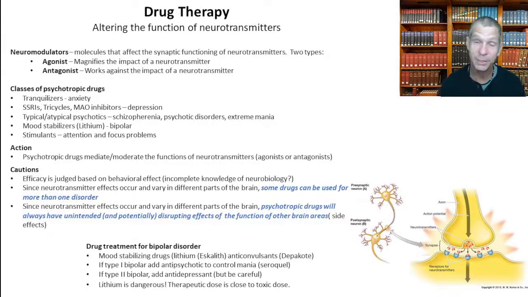And so what they do is they add another medicine on top of that to control the behavioral problem that is the strongest. So if you're a type 1 bipolar, that means you're going to have your manic episodes. And here's the crazy thing, when people get manic, they sometimes start having thoughts that are a little unrealistic, a little grandiose.